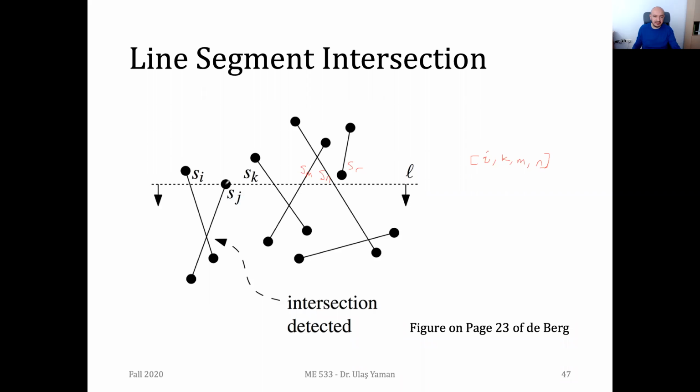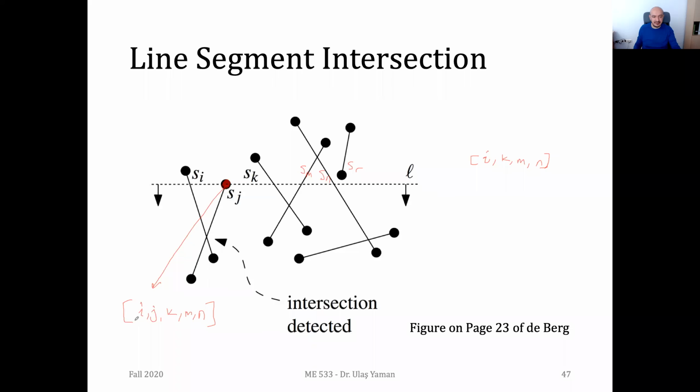But once our sweeping line is at an upper event point, what happens? We have a new line segment introduction, and our status will be I, J, K, M, and N, right? So this is now introduced.